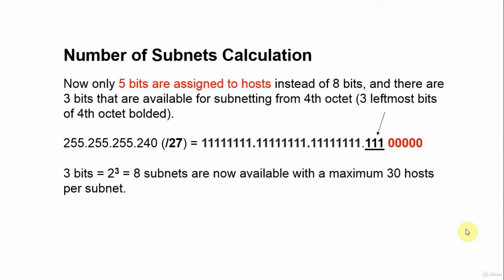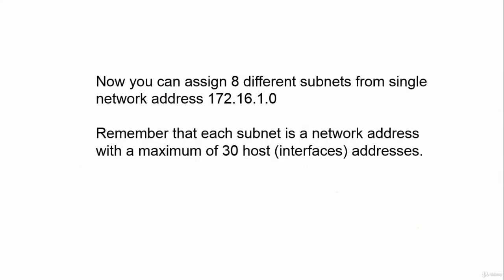Or in this case, it would be 8 VLANs, but we only have 4, so there's some room there for scalability, for expansion. So those 3 left bits, I'm going to subnet those, and that's where I'm going to get the subnets from. And there are 30 hosts for each individual subnet.